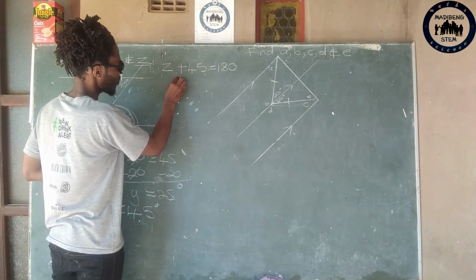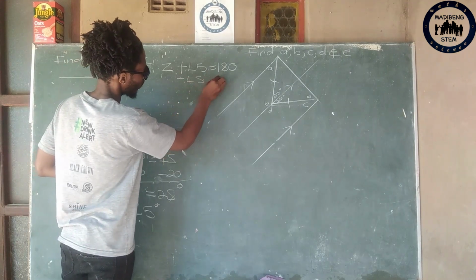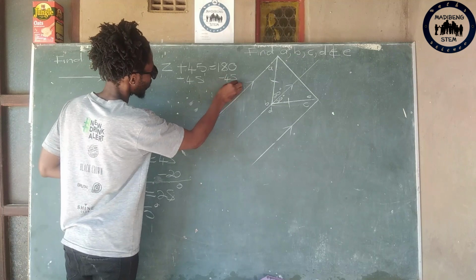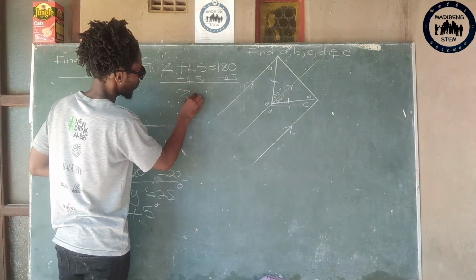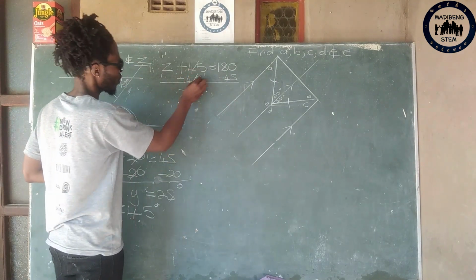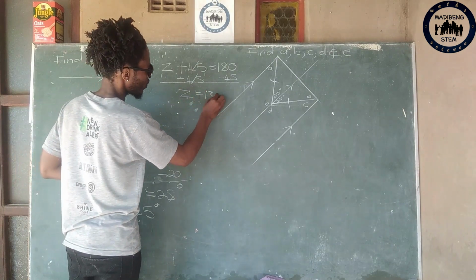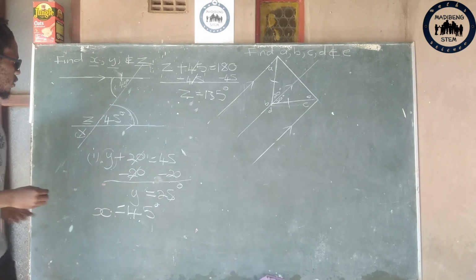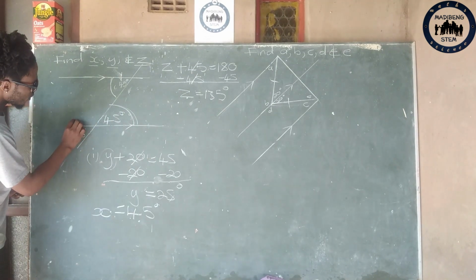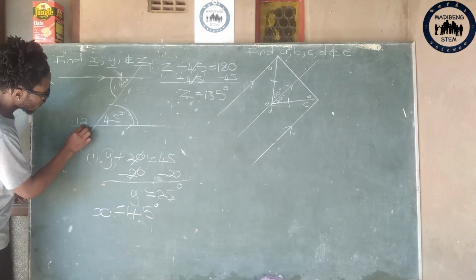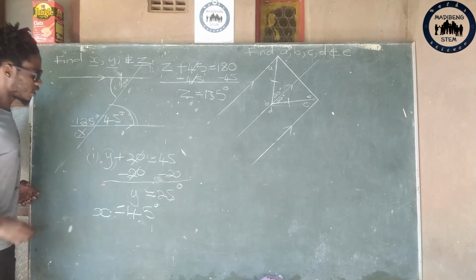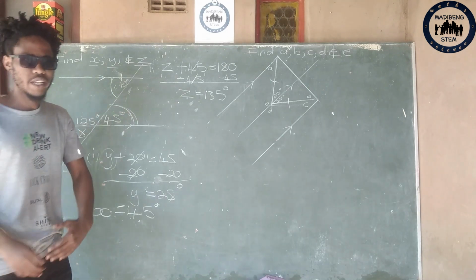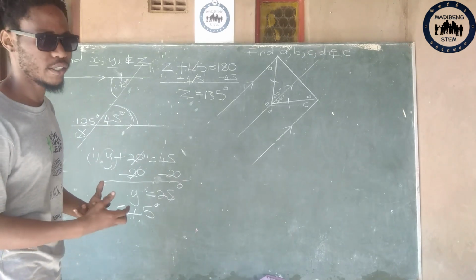Now we subtract 45 from both sides. Now z is equal to 135 degrees. So now the sum of these angles on the straight line adds up to 180 degrees.